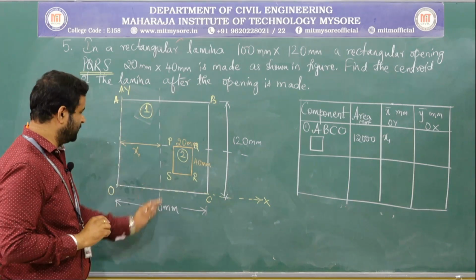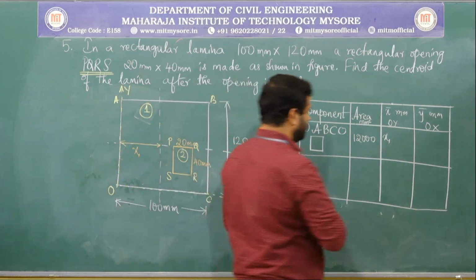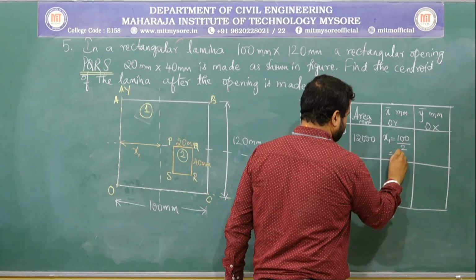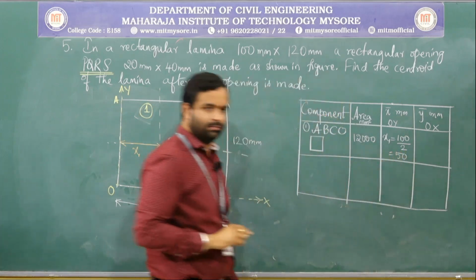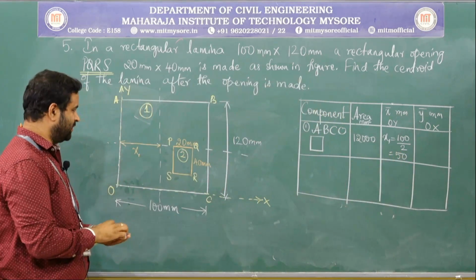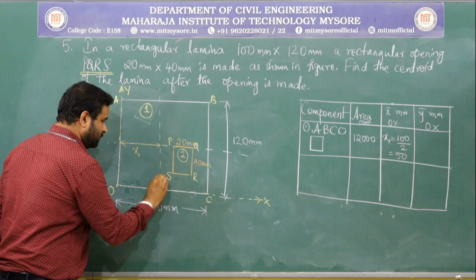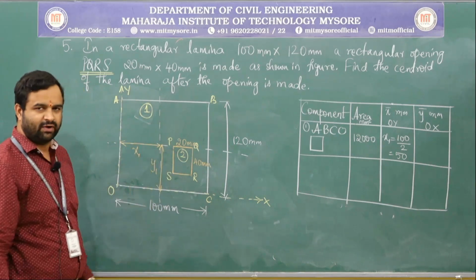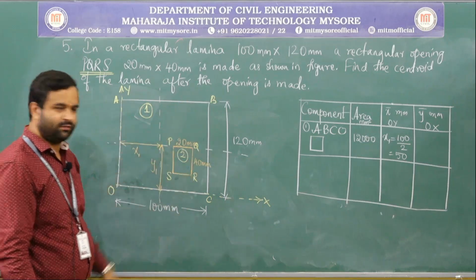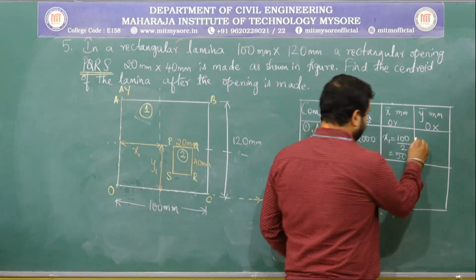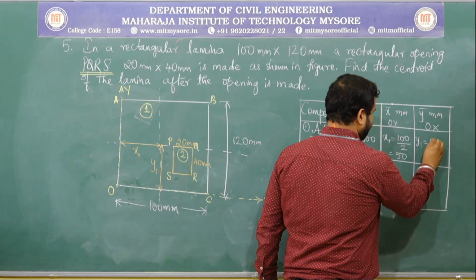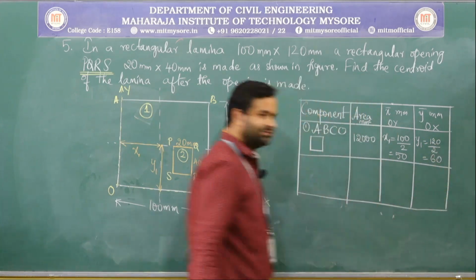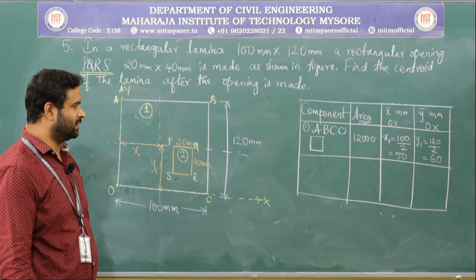So, it is nothing but half of 100. x1 is equal to 100 by 2, which is equal to 50 mm. Now, what about its y1? With respect to the OX axis, our y1 value is nothing but half of 120. So, x1 and y1 are now calculated.